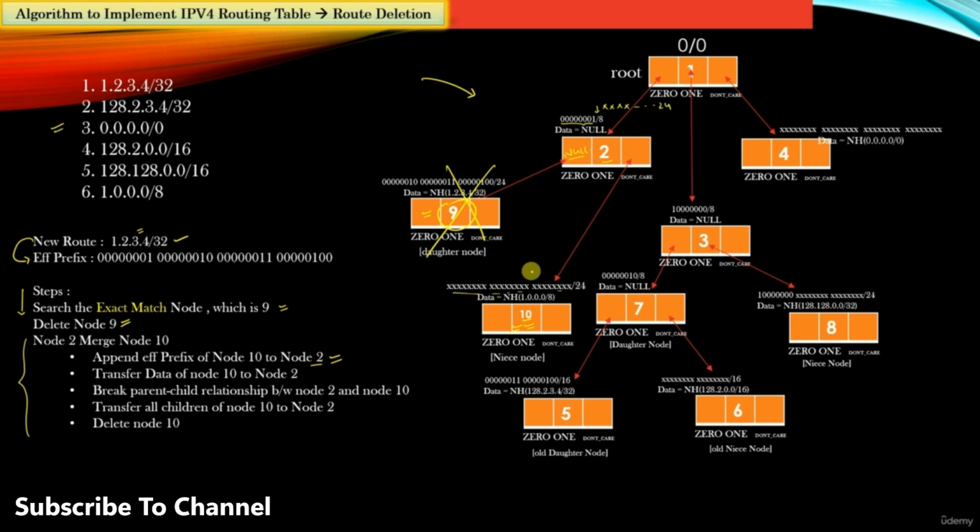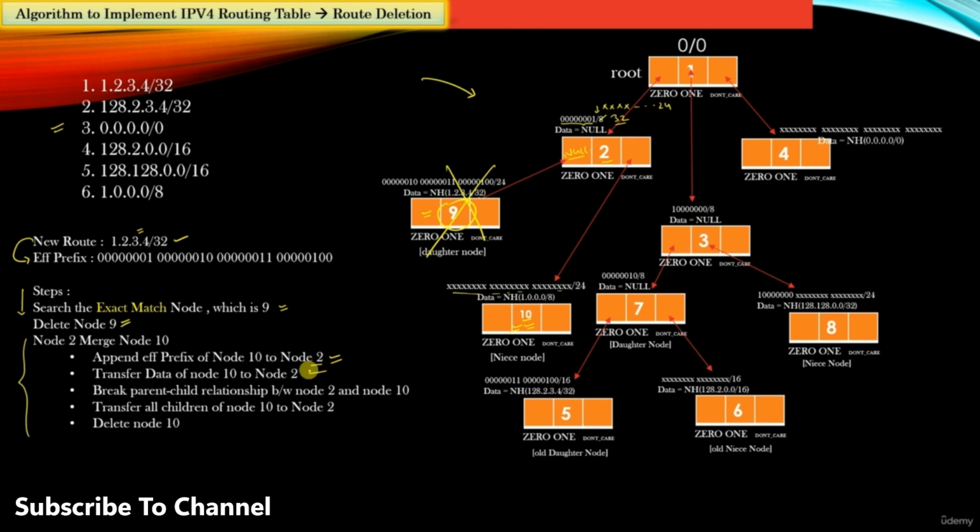Since you are merging 24 don't care bits into the effective prefix of the node 2, the prefix length of the node 2 would become 8 plus 24, which is 32. All right, so the effective prefix of the node 2 is 7 times 0, then 1, and then 24 don't care bits.